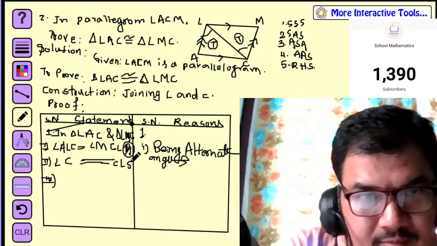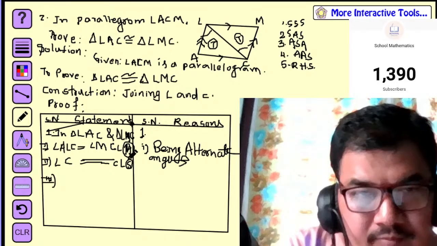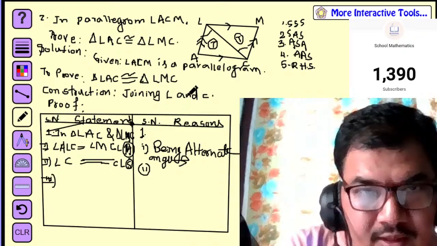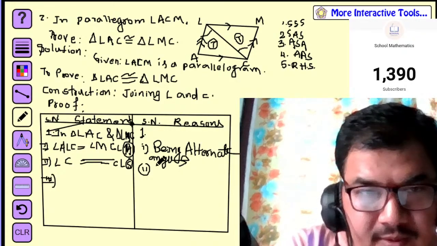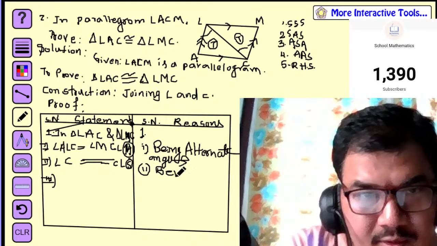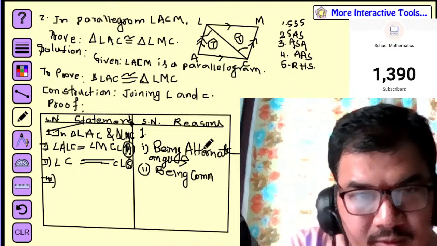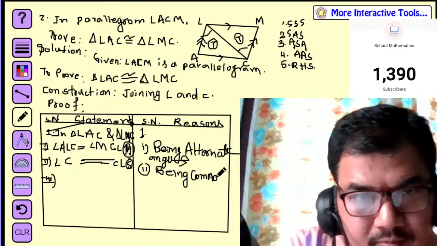This is a side. Number two, its reason will be the common side. For both triangles, this LC side is common. Being common side, they are equal.